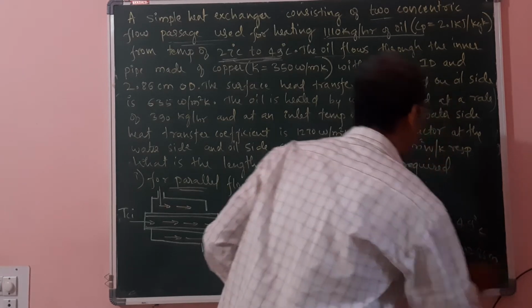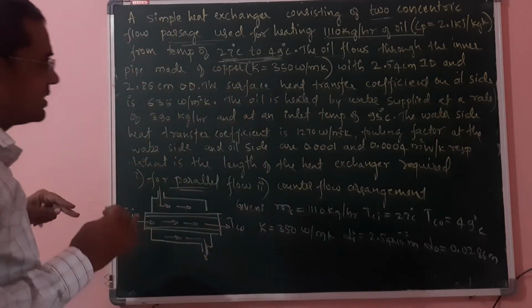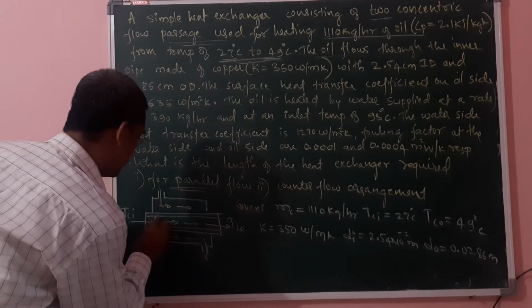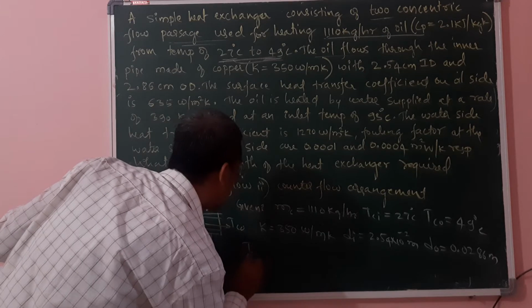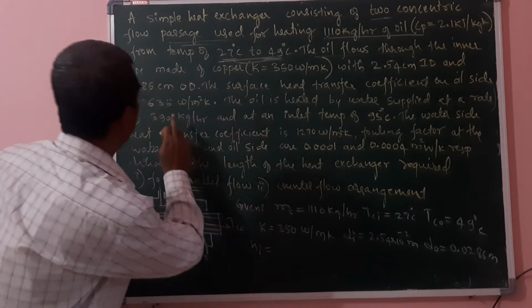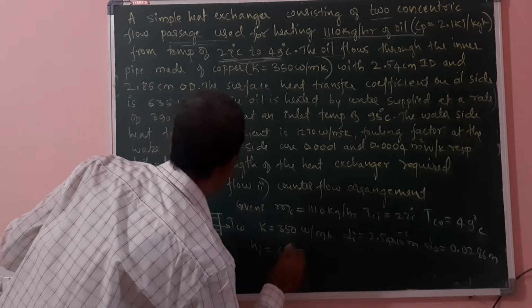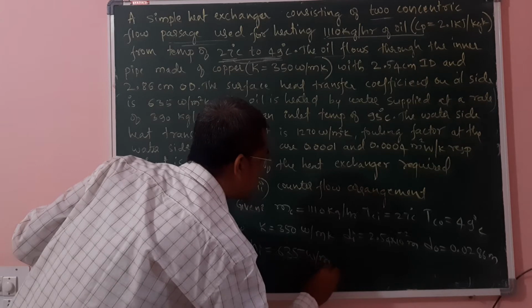Similarly, D0 is equal to 0.0286 meter. The surface heat transfer coefficient on the oil side, means on the inner side, HI is equal to 635 watt per meter square Kelvin.